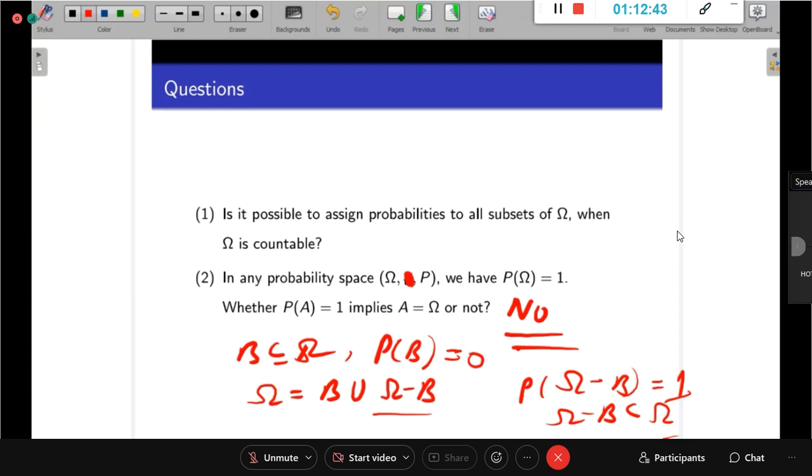You can do whatever you want: add them, subtract them, multiply them very easily. But when you have an infinite number of things, it is very difficult to address the sum. So this is why this question is given to you: when omega is uncountable, is it possible to assign probabilities? If you can come up with an example, yes, here it is. Does this imply the second question? Okay, try to do that. Okay, fine.